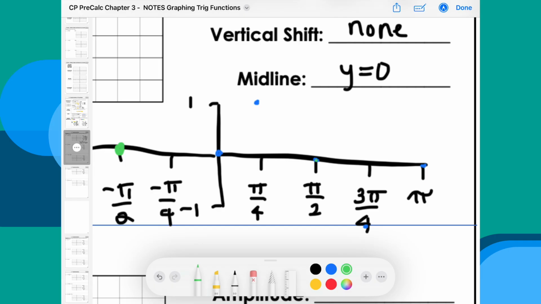Our value at pi over 2 is getting shifted over 2 blocks. Our value at 3 pi over 4 is getting shifted over 2 blocks. And our value at pi is getting shifted to the left 2 blocks.